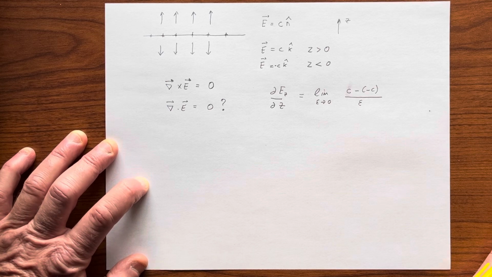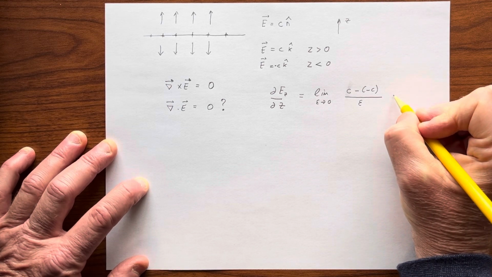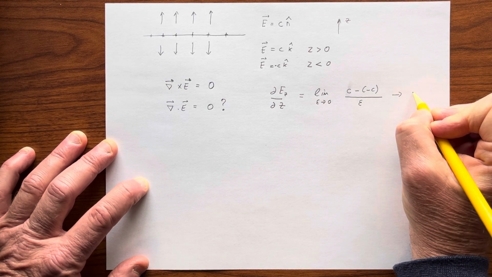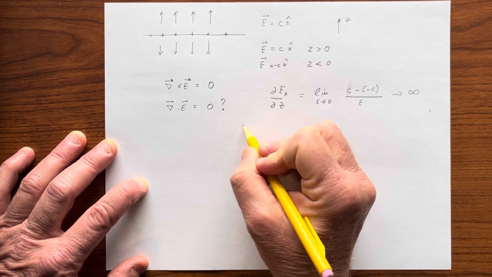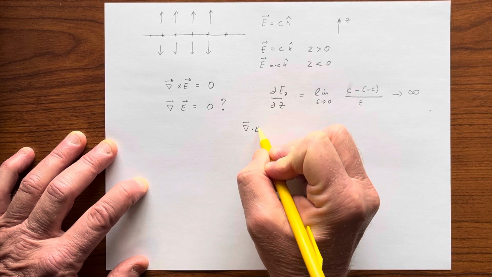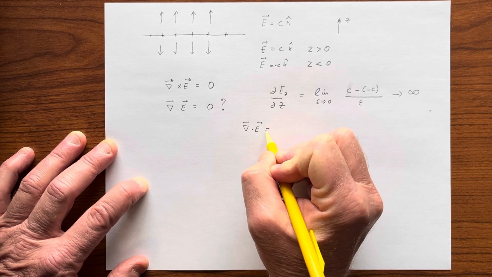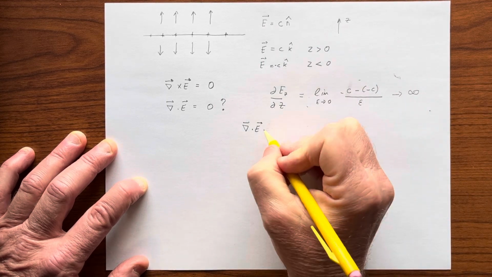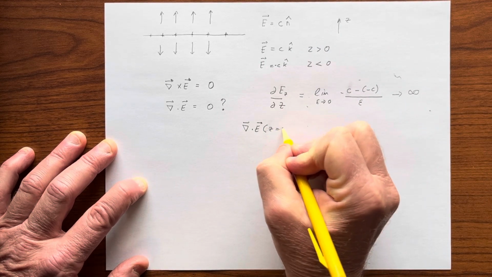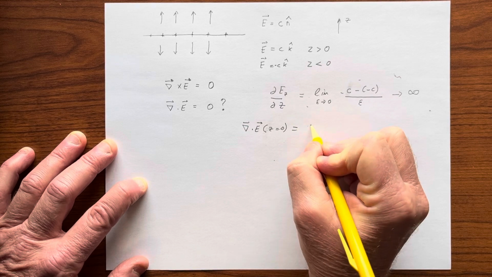And that epsilon is going to 0, and so this is going to infinity. Right, so in other words, the divergence of the electric field is not 0 everywhere. It's actually, so the divergence of the electric field at z equals 0 is equal to infinity.